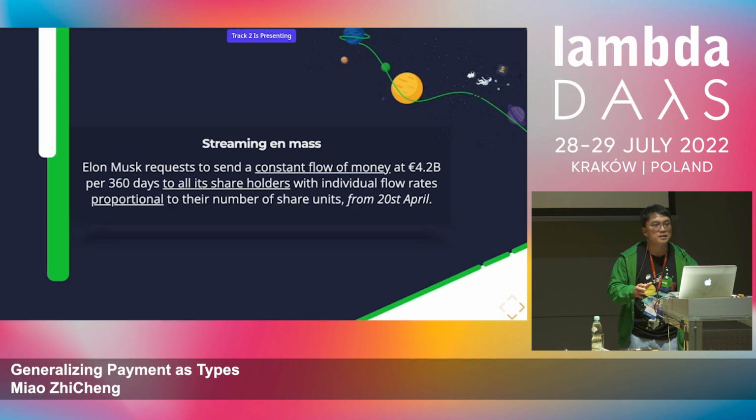So here you can see there's one sender, Elon Musk, and the recipients are all his shareholders. The rate is measured by 4.2 billion per 360 days, a financial year. And the way to split the amount of money is proportionally by the number of shares of each shareholder.